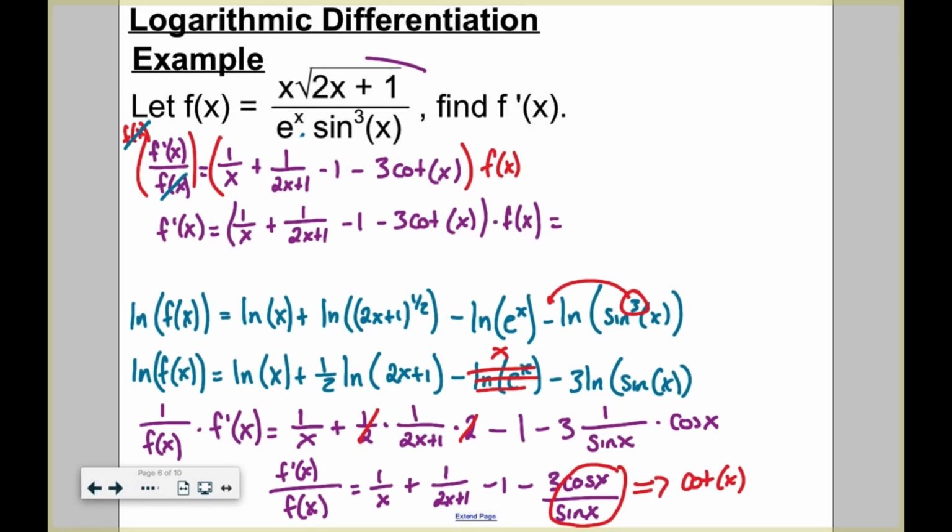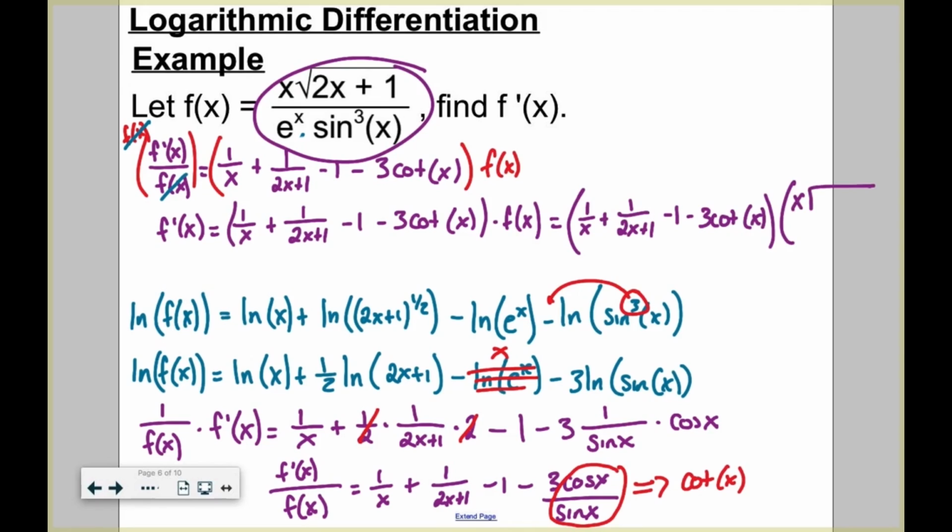And f of x is just our original problem up here, so our final step is going to be to substitute that in. So we're left with quantity 1 over x plus 1 over 2x plus 1 minus 1 minus 3 cotangent of x. And that is going to be times x times the square root of 2x plus 1 all over e to the x sine cubed of x.